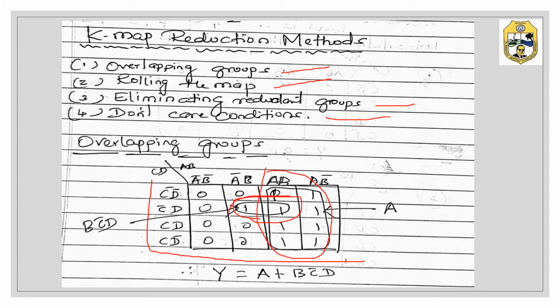Once we have grouped this in the form of 2, again it is required for grouping the 8 ones, means this one is going to be used 2 times. That is why it is called overlapping groups. To make the group of 8 ones, this one is going to be used repeatedly. That is why it is called overlapping of groups.